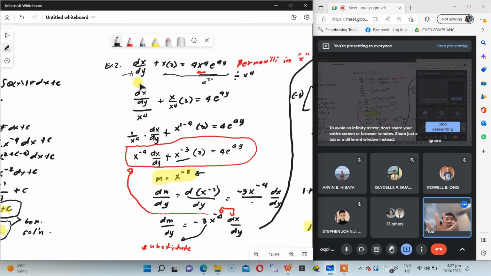You need to really practice identifying what method to use for a given differential equation. That is the style for our midterm.